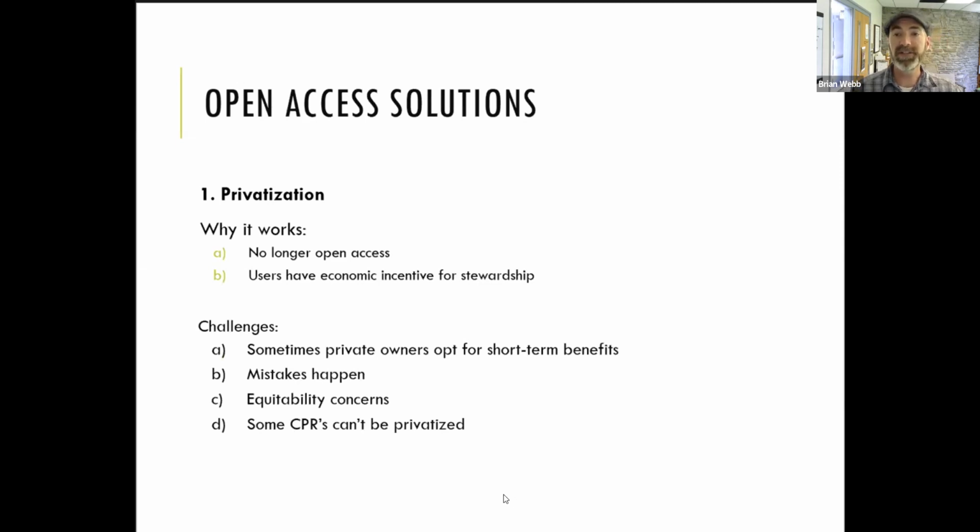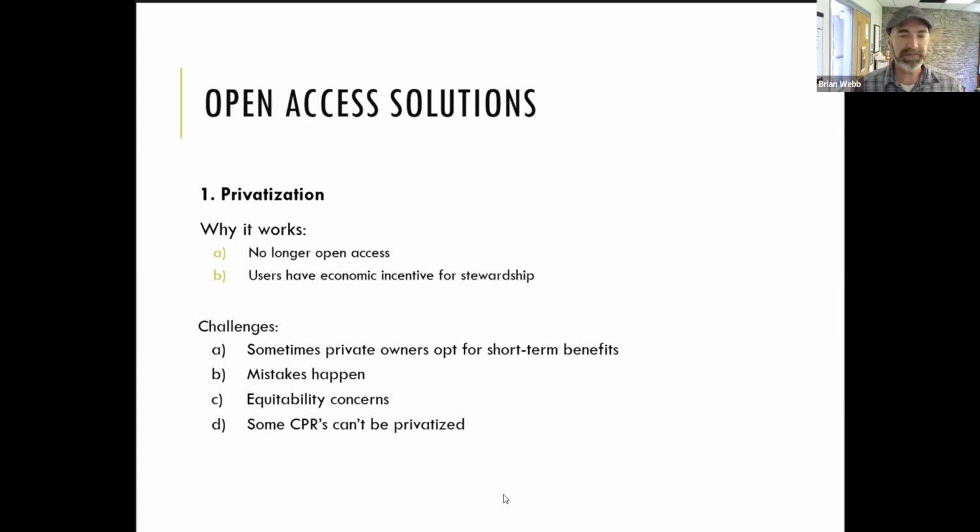There are, however, some challenges related to privatization as a solution to open access problems. First of all, private owners sometimes still opt for short-term benefits. Maybe someone is really old and they're like, well, shoot, this forest isn't going to mean anything to me once I'm dead, so I might as well clear cut it and do away with it so I can reap the benefits now. That's a choice that landowners can make and frequently do make.